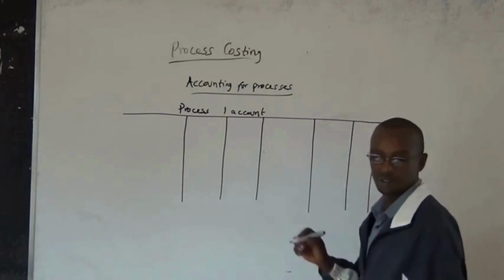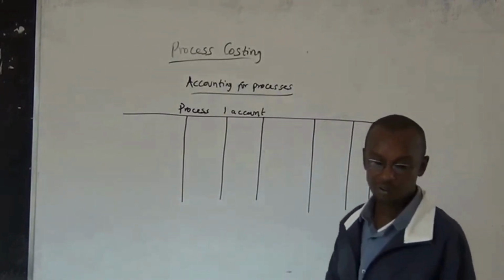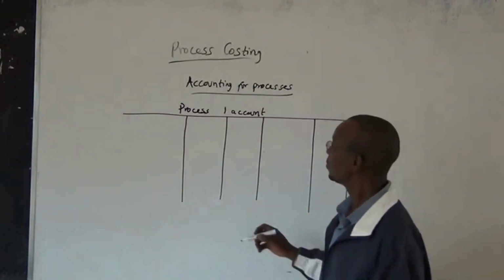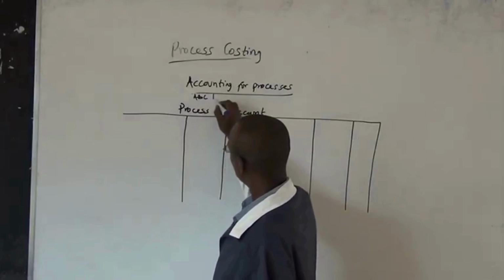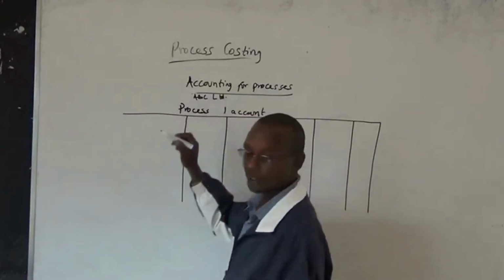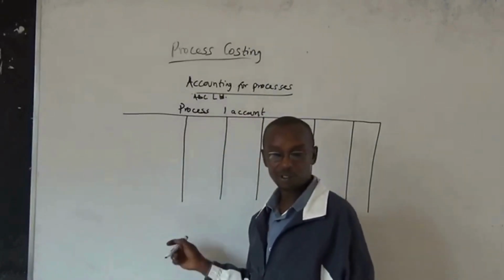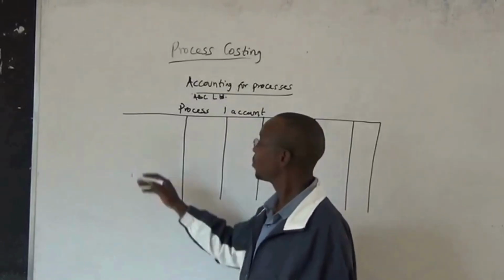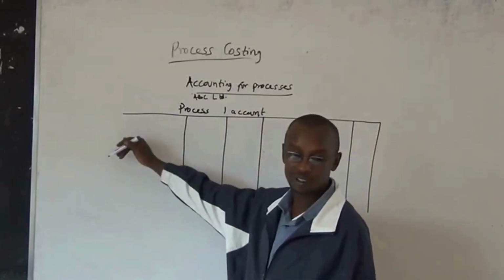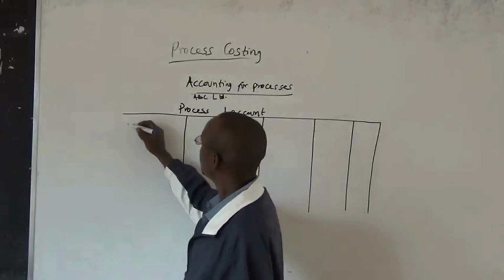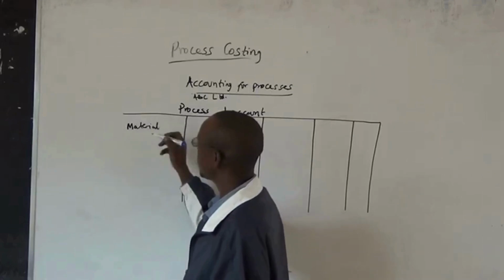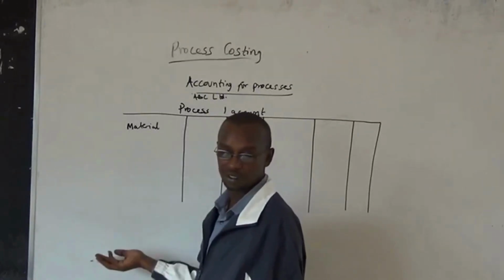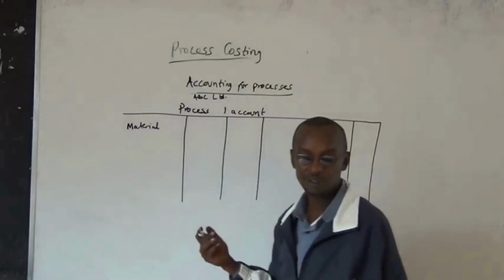Amount. Okay? So, here we have the name of the company, ABC Limited. Then, if the question has the dates, you put them here, the details, the date. So mostly there will be none. At this level, I know you're going to post the dates, okay? Materials, how many units?